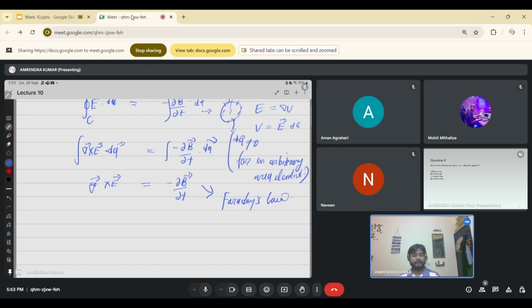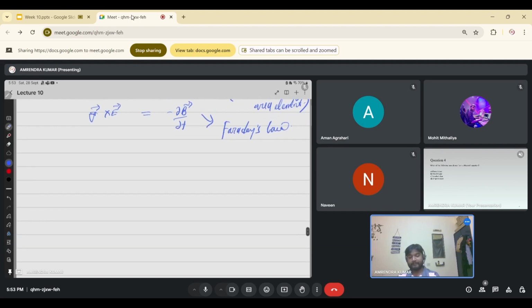And the next that remains is the third one, del cross B equal to. Let's say we are talking in terms of static electrodynamics, where the charge current and rho are not changing with space or time.